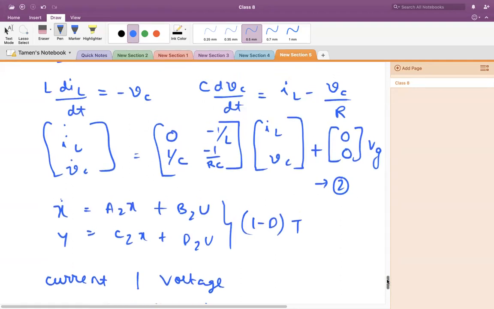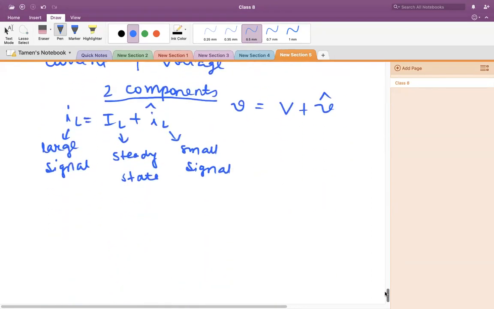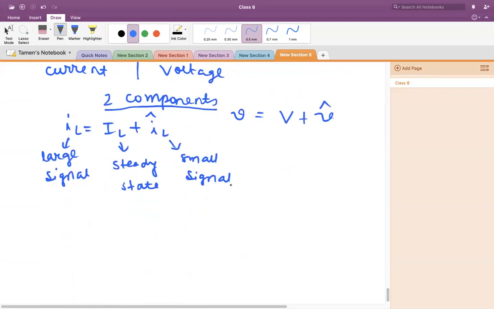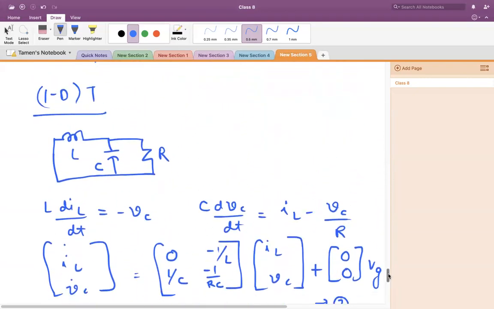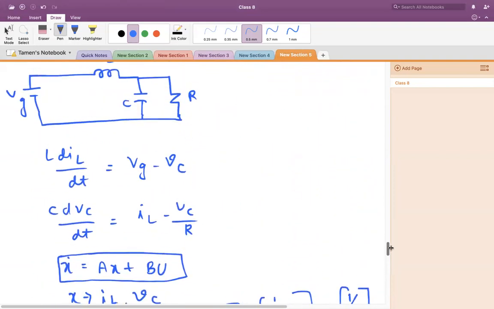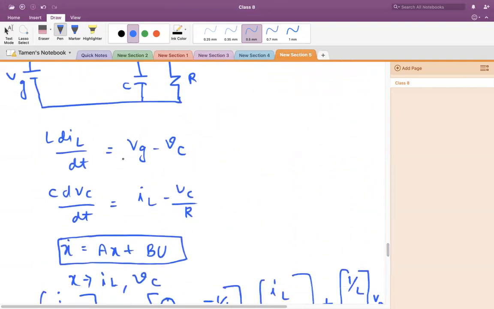How to write the circuit in terms of on and off mode? I think you remember in the previous class, there is the on, there is the off, then we combine the two circuits together. This is the on part, right?